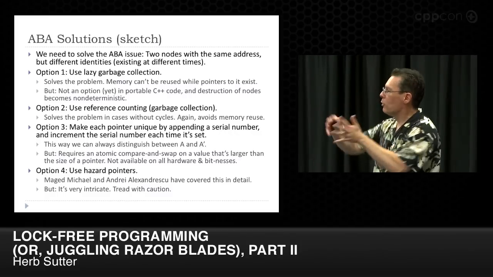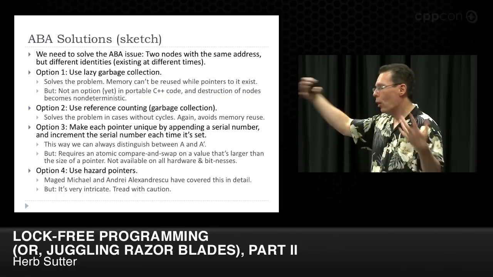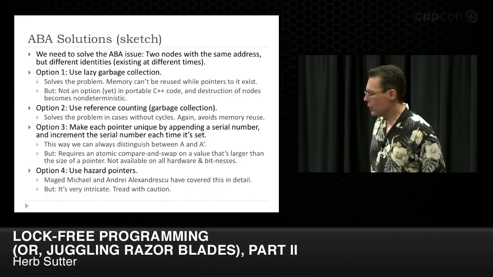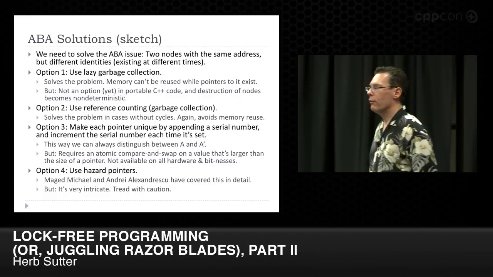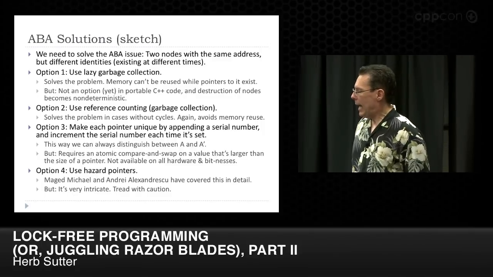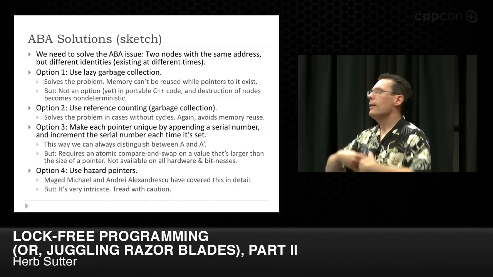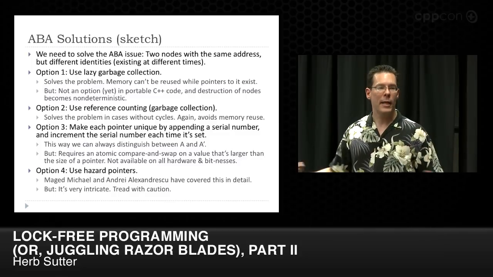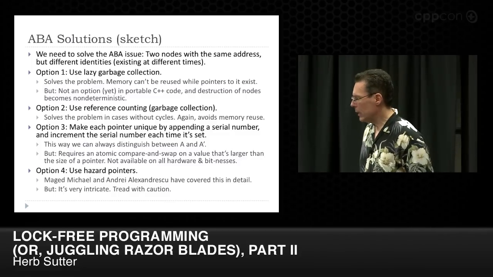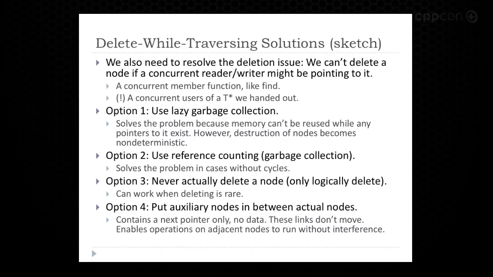That works too, but now you require larger pointers, larger compare and swap operations. Then there's hazard pointers and a few other options you can use as well. And there are wonderfully advanced technical papers on how to do this. That's the ABA problem.